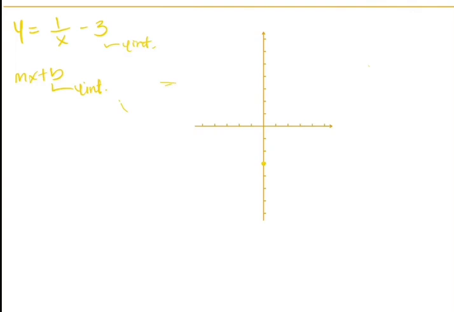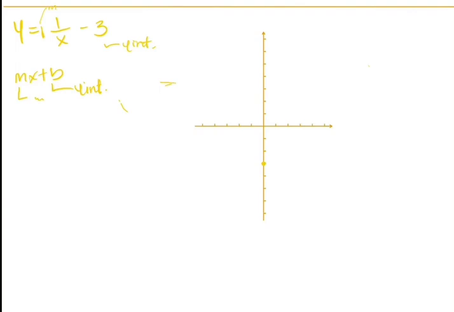And then the next thing is to plot the slope. Our slope is our m in our equation. In this equation, we're not given a slope, but there's an implied 1 for m, because here m is multiplying x.